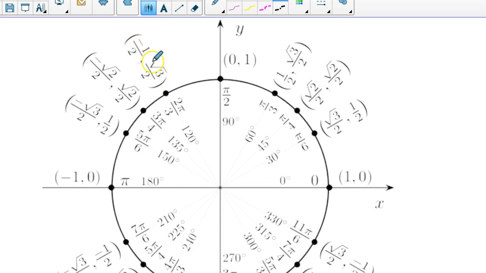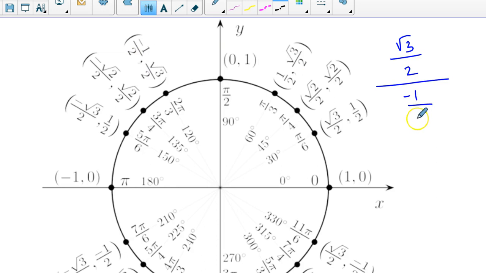So the ratio between these two, square root of 3 over 2 divided by 1/2 gives us the tangent, right? Sine over cosine. The sine value is the y coordinate, that is square root of 3 over 2 divided by the cosine 120, a negative 1/2.